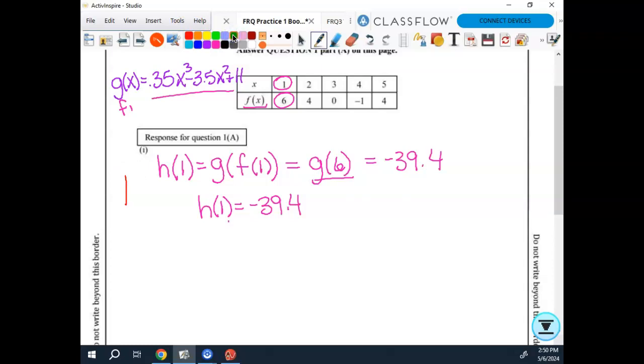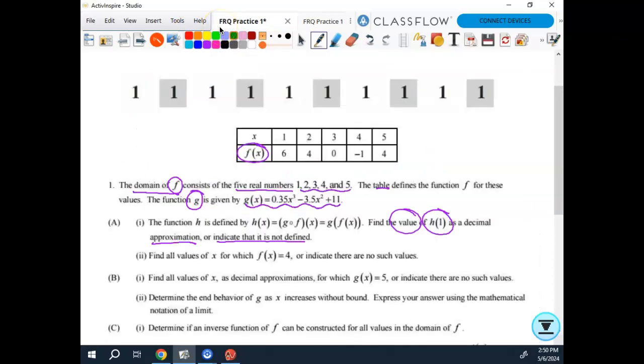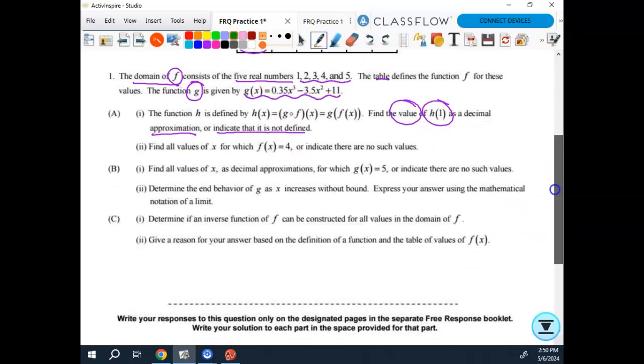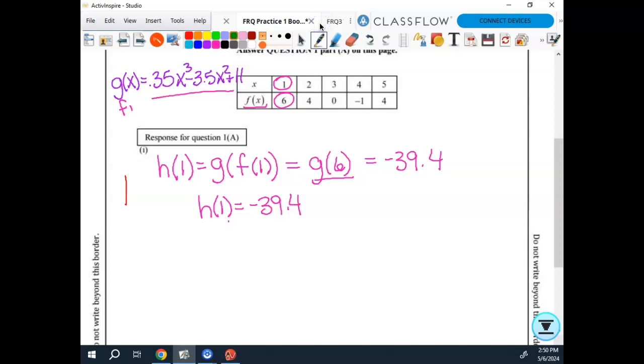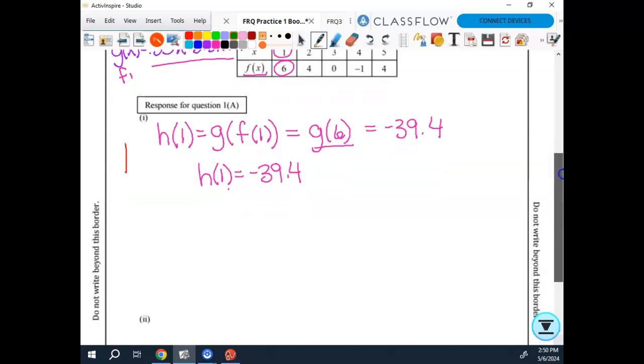The second part says find all values of x for which f of x equals 4, or indicate that there are no such values. Let's talk about how we present our answer here. Some of you put it in ordered pairs, and what you put is correct; there was nothing crazy wrong with it.